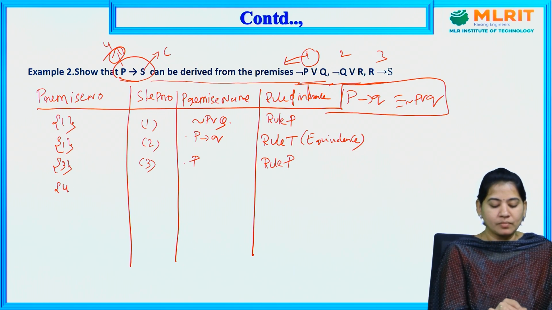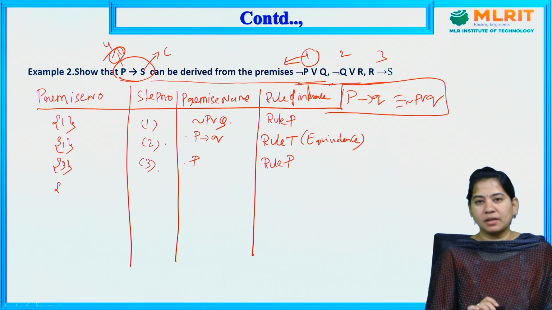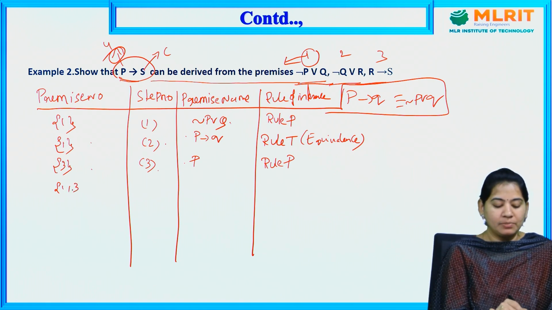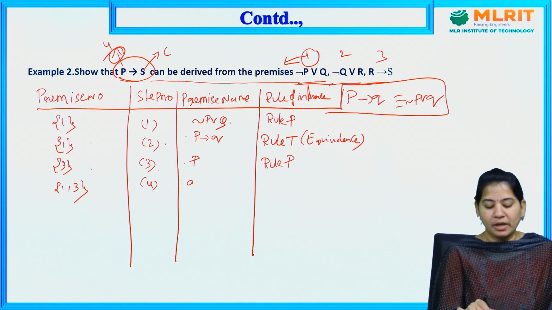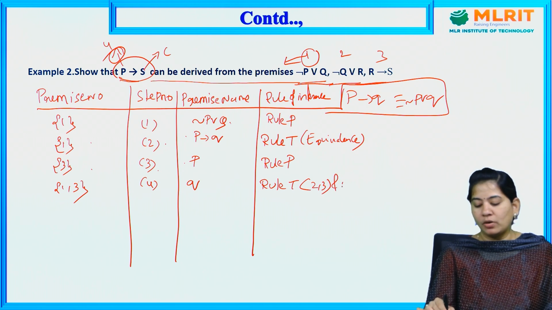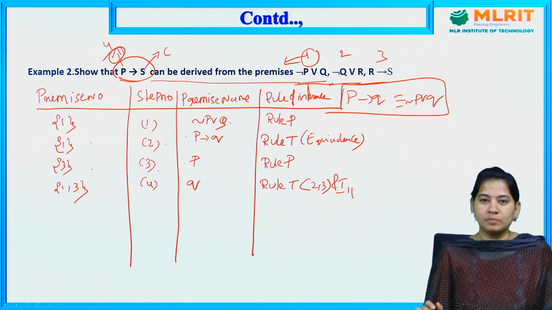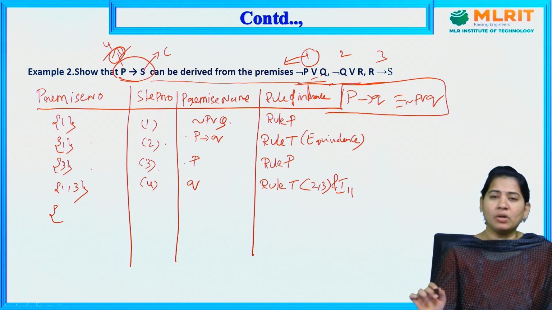So step number you have to include, as you have taken the step numbers 2 comma 3 and premises numbers 1 comma 3. So you have to write premises number is 1 comma 3 and step number is 4 and here it is Q, and this is called rule T. So here rule T, and the steps whichever we have used is 2 comma 3 and the formula we have used is I11. And in the same way, P is done, negation P or Q is done.